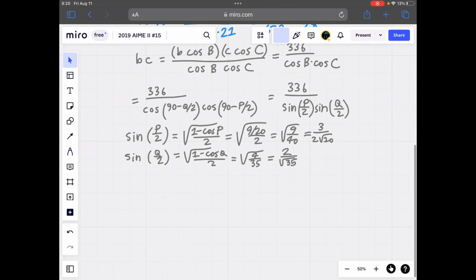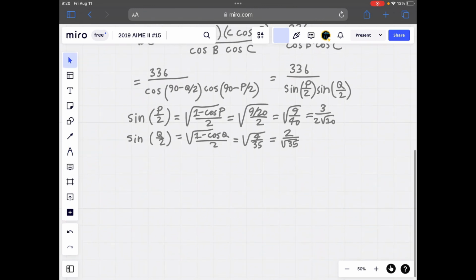So we want 336 over the product of these two numbers. So 336 over the number 6 divided by 2 root 10 times root 35. And that's 336 over 6 is 56 times 2 root 10 times 35 is 350.